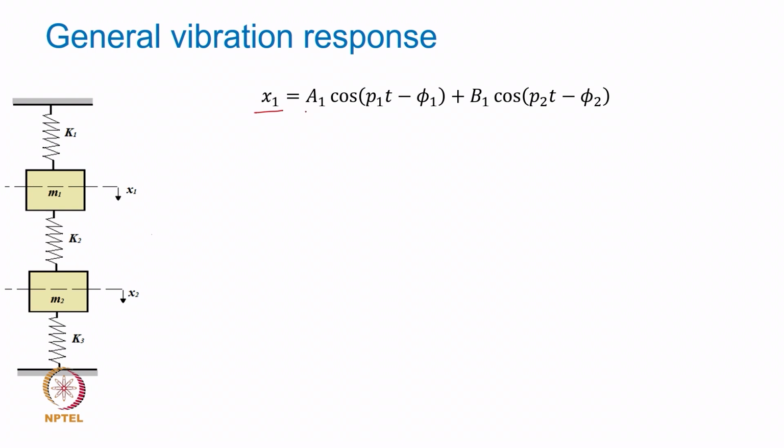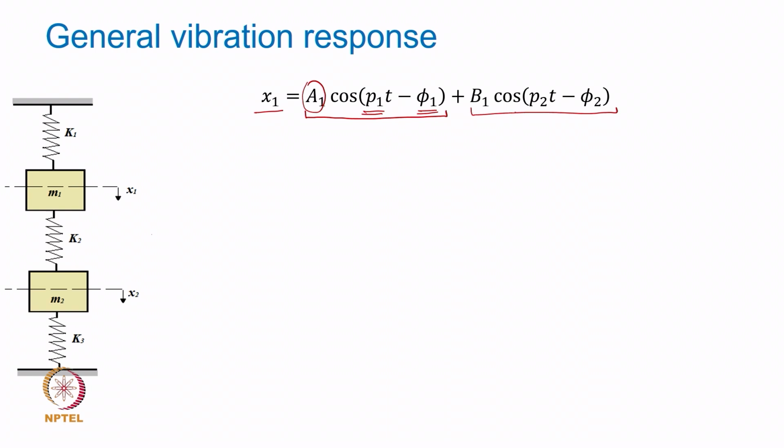And therefore we can write the general solution to be a contribution from the first mode and first natural frequency, as well as from the second natural frequency. Okay. So, the first term in general represents some amplitude value, we do not know how much, the first natural frequency which we know, which we can find out from the parameters of the vibratory system, and we have now introduced some phase, phi 1.